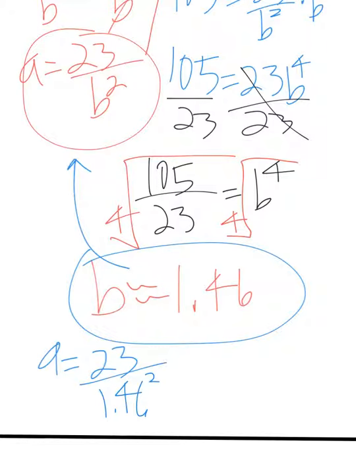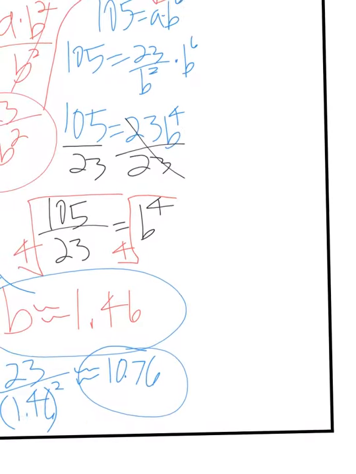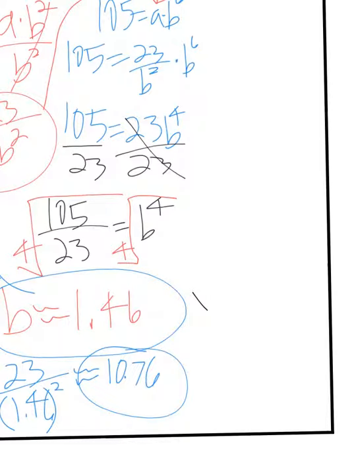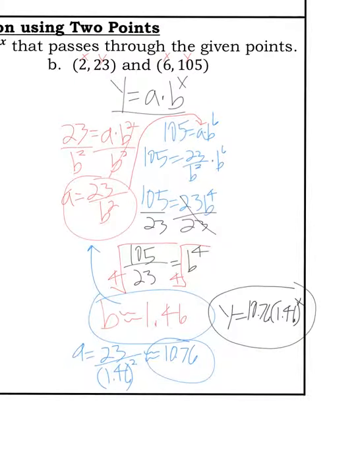So I guess I'll write it in parentheses down here. And that's going to get me about 10.76. So that's my A value. All right. So my final answer here would just be y equals 10.76 times 1.46 to the power of x, and that's that, okay?